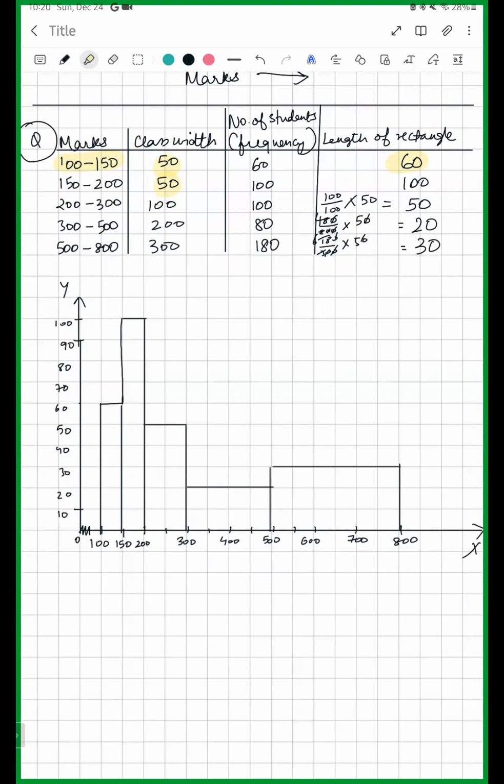I'm trying to find some MCQs that we can have on this topic. Okay, here's the question.